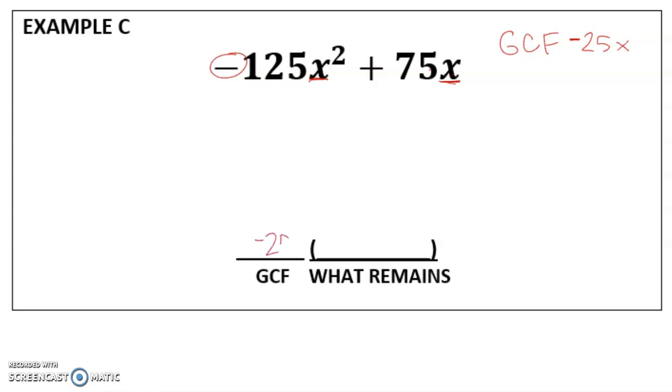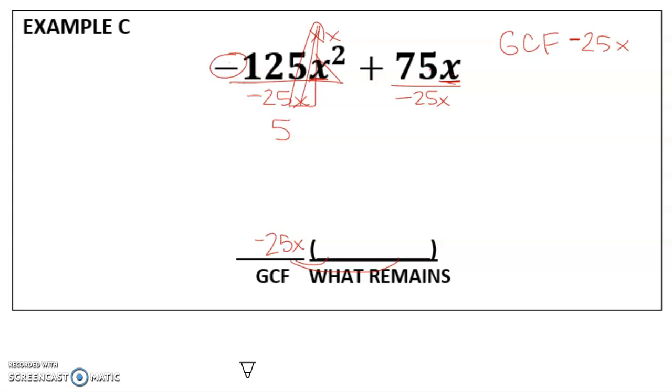So I have negative 25x times what would get me back to the product that was given, right? So I'm going to divide by negative 25x, okay? And so I'm just looking, okay, negative divided by negative, that's going to be positive 5, 1x on the bottom, so x squared, remember that's x times x.